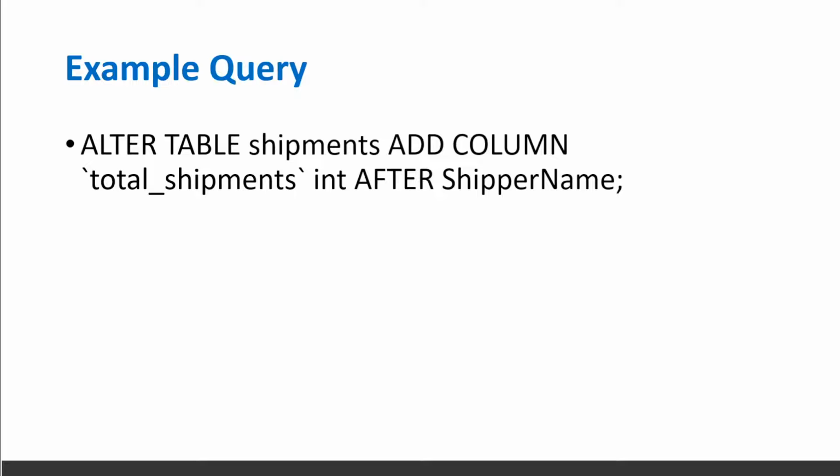So if we look at an example here, alter table shipments, add column total shipments as an integer column after shipper name, right? That's an example of one of these queries.